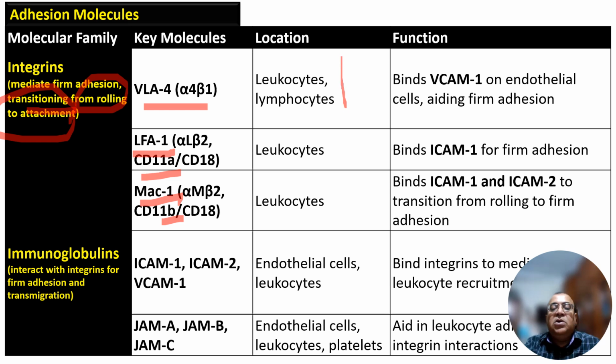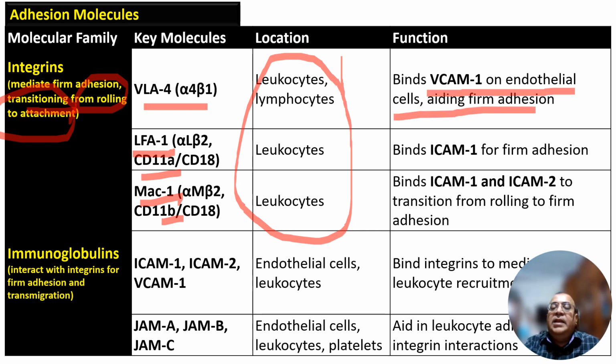They are expressed on leukocytes, and VLA4 binds with VCAM on endothelial cells and aids in firm adhesion, while LFA1, CD11A binds with ICAM1 for the firm adhesion, while MAC1 binds with ICAM1 and 2 both to aid in firm adhesion.